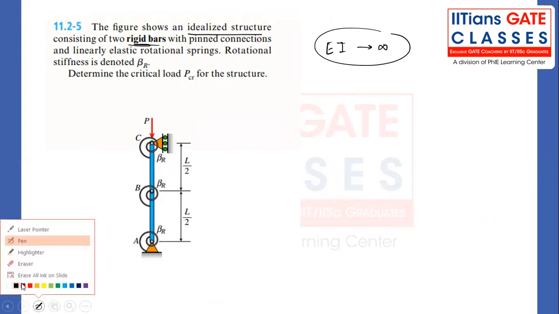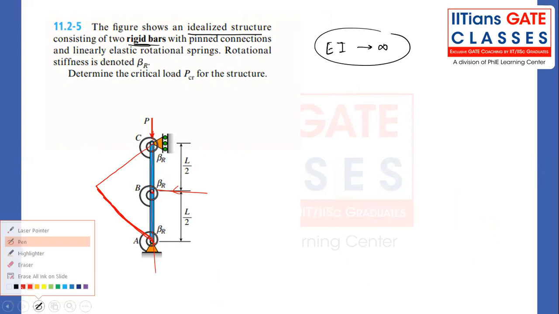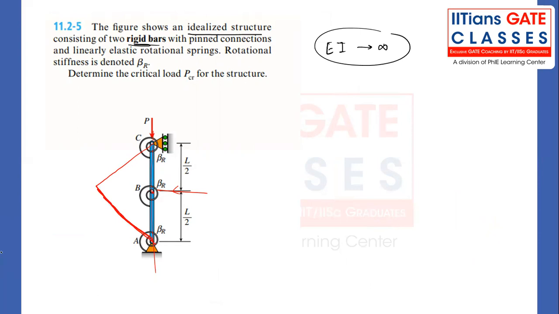For this case, again, we have to disturb the system from its original equilibrium condition. If I assume this is the equilibrium condition and I disturb it from here, this will be the shape. It will deflect like a rigid body. You can take the above part or the below part, whichever part you like, and do the analysis.